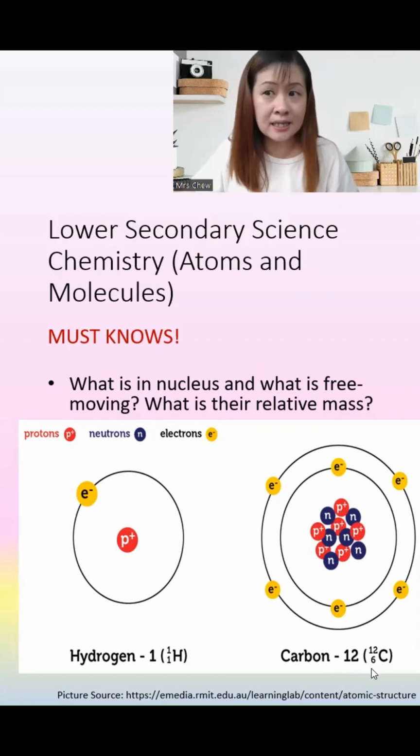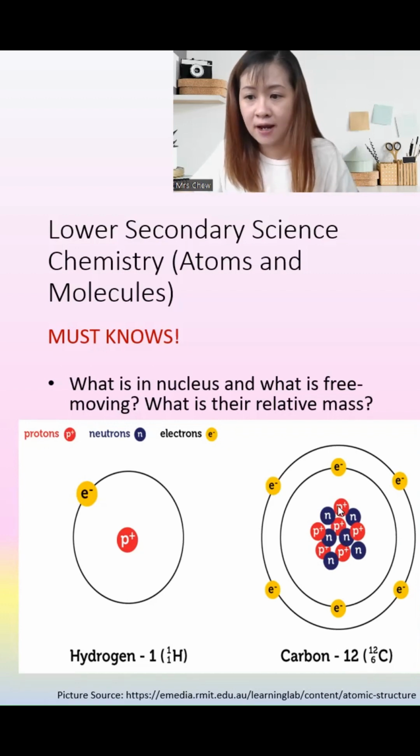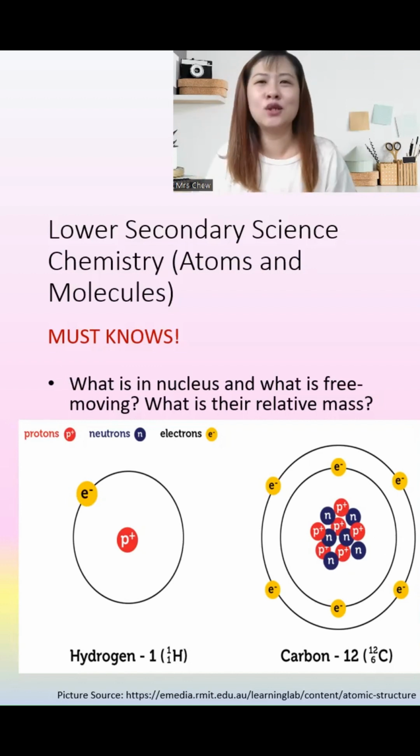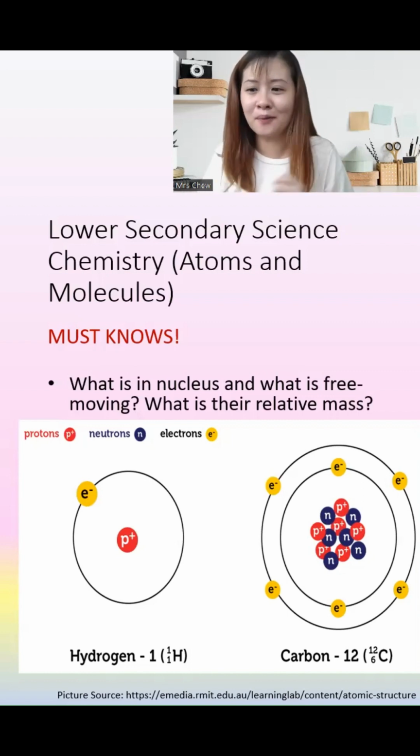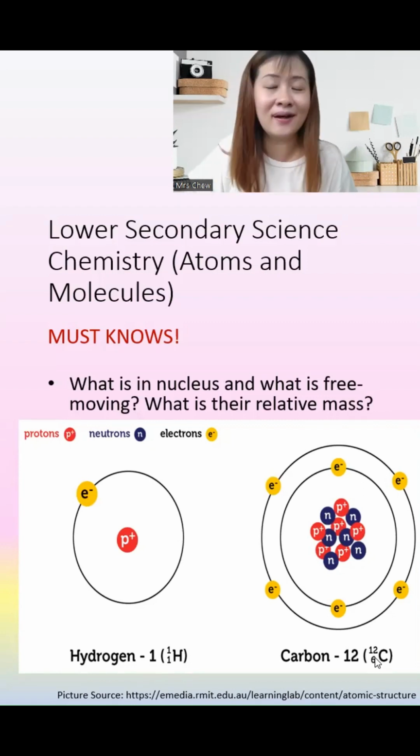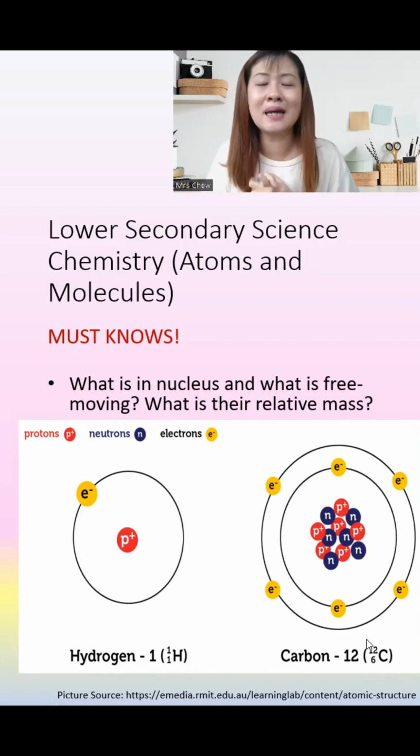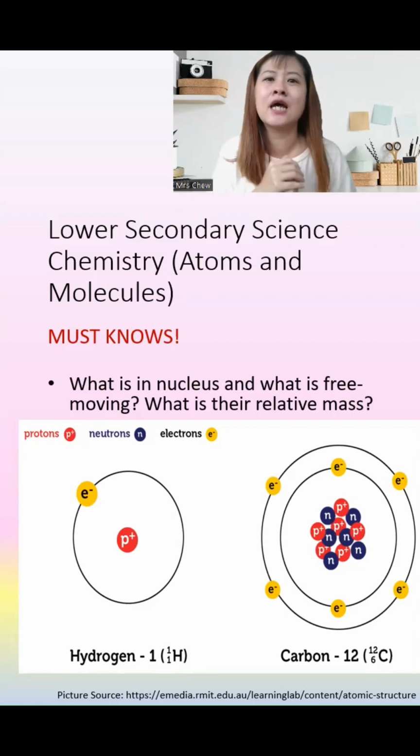Now, let us take a look at carbon. Carbon has 6 protons. It is in red and it is in the nucleus. And it so happens to have 6 neutrons too. How do I know? Because let us take a look at the atomic mass number, which is 12. And this number represents the protons plus the neutrons. I have 6 neutrons.